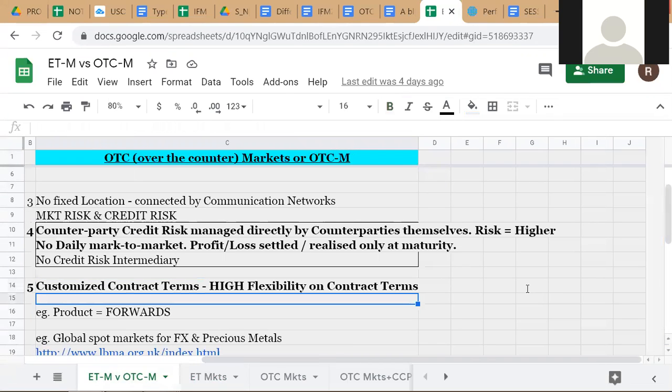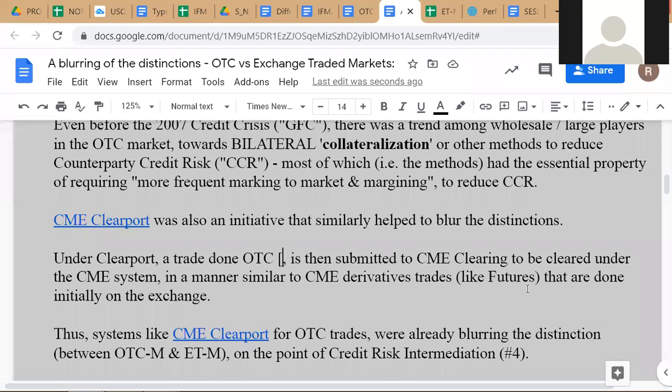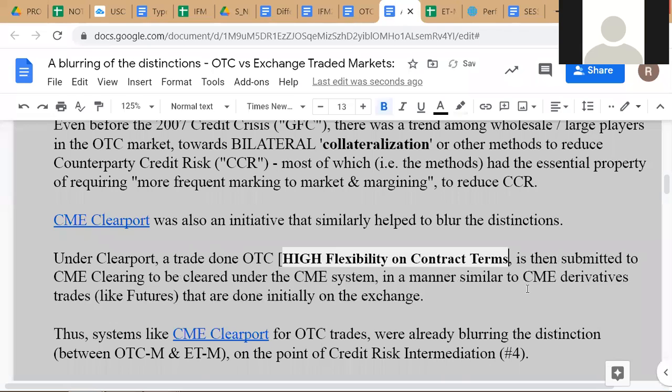In an initiative like Clearport, what is happening is you do a trade on the OTC markets and then you submit it to CME clearing for clearing under the CME system. So you get the advantage of both worlds. You get the best of both worlds. So you do a trade OTC, so you get the advantage of high flexibility on contract terms, and then submit it to CME clearing.